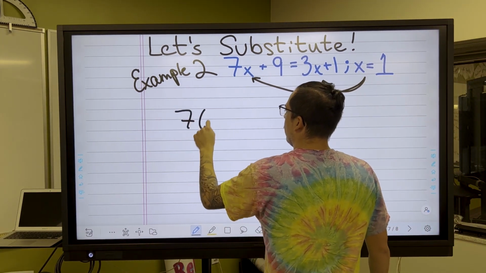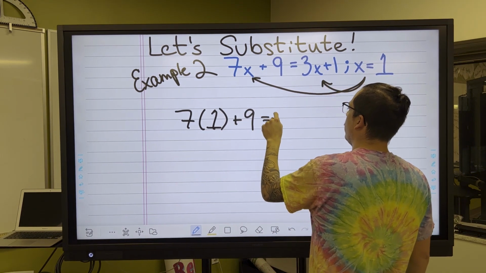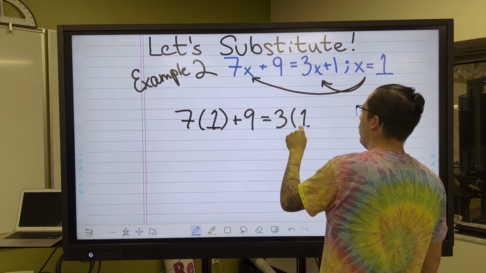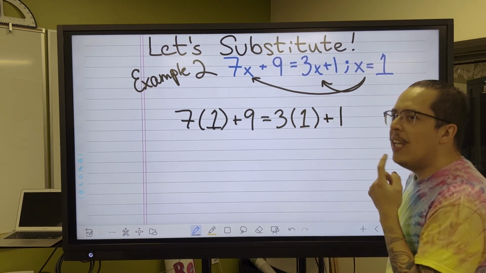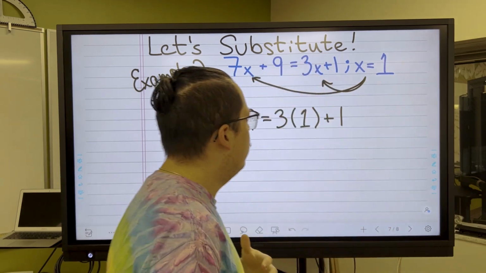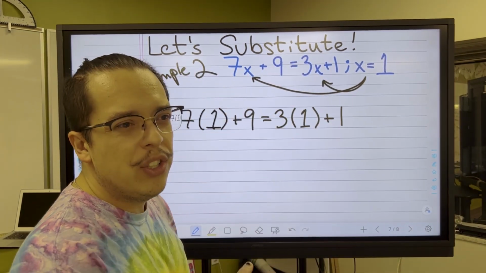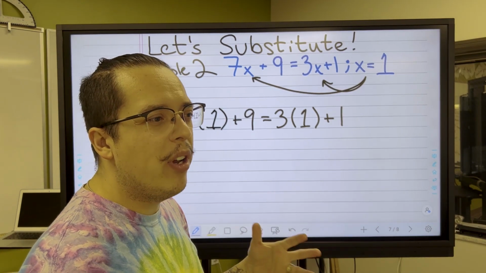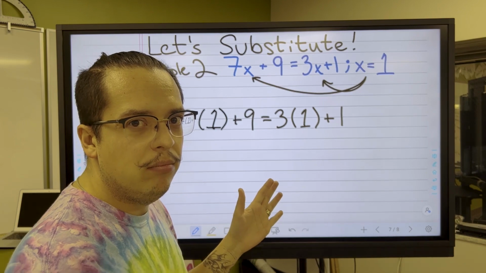So 7 times 1 plus 9 equals 3 times 1 plus 1. And I have a question for you. Is 1 the solution to this equation? Why don't you take some time, try and figure that out, and then meet us as we proceed.